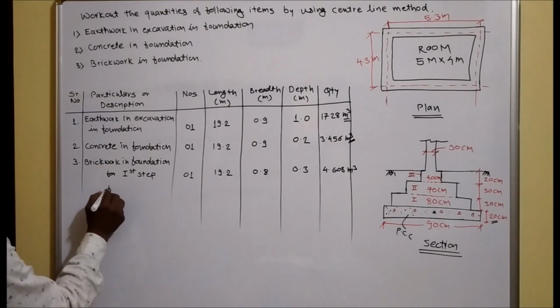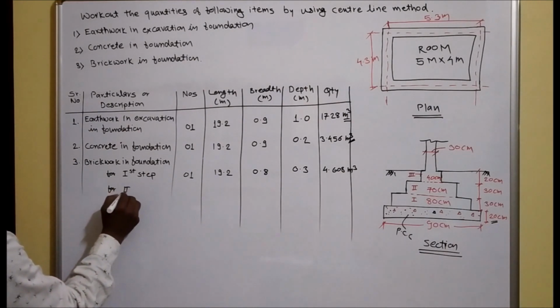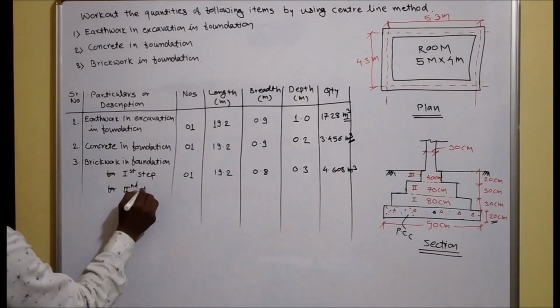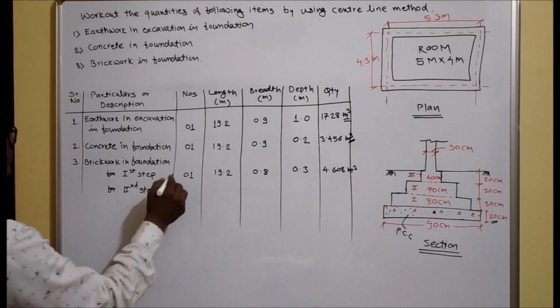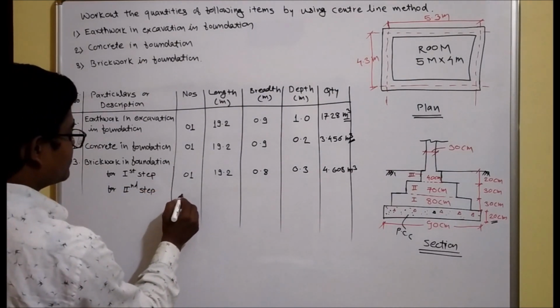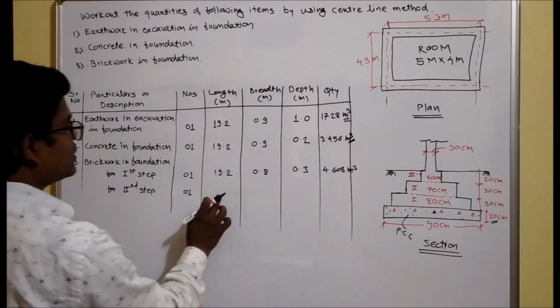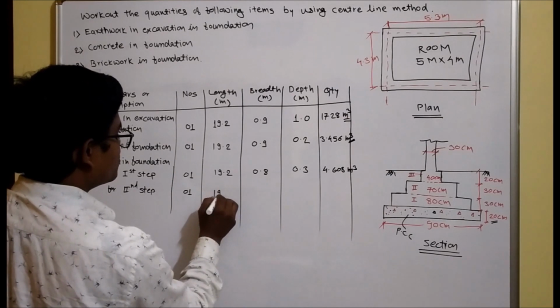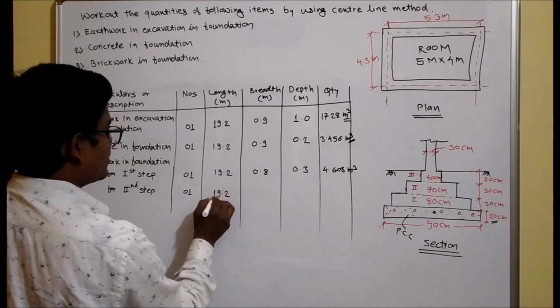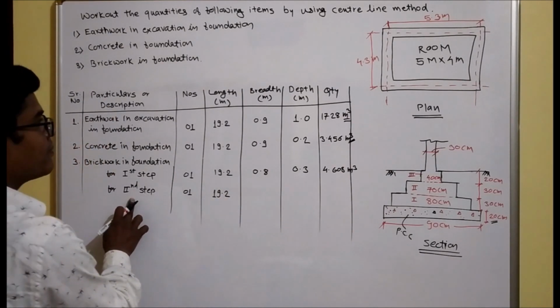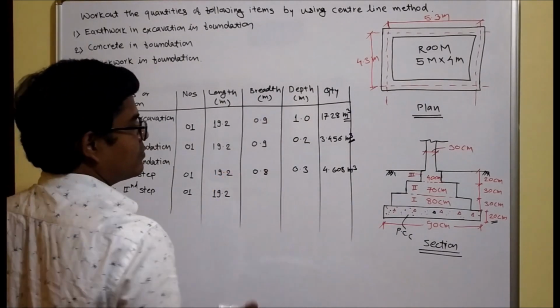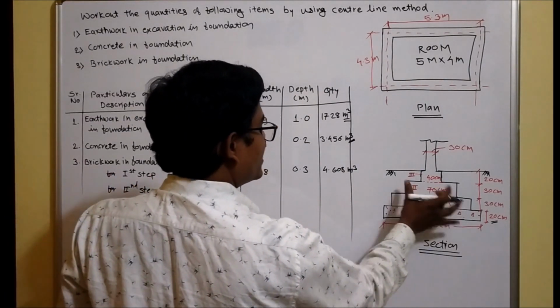Again, for second step, NOS is 1. Length is also same. For second step, breadth is 70 centimeter.